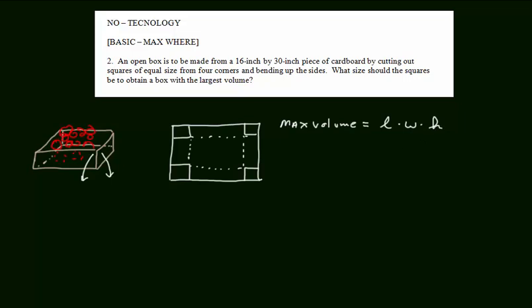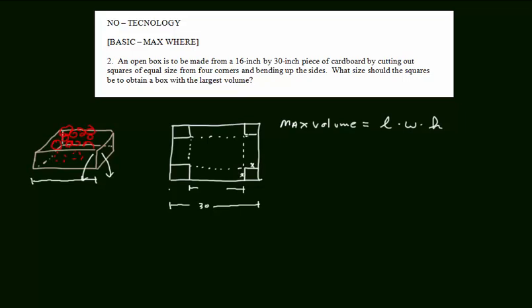So let's take a look at this now. This entire side of this rectangle here, let's just say this is the 30-inch one. What we desire is this here, which is the result of folding it up. So what size square are we going to cut from this cardboard? We don't know. So I'm going to call the size of the square x.